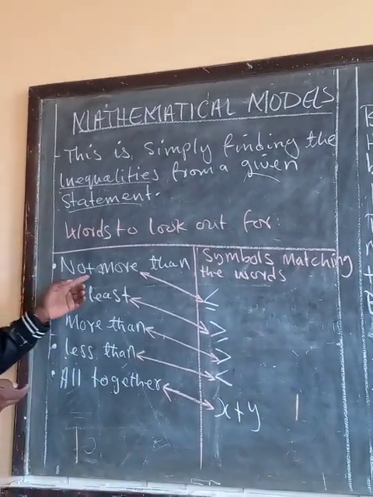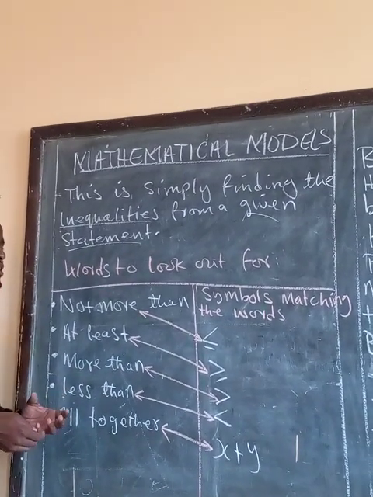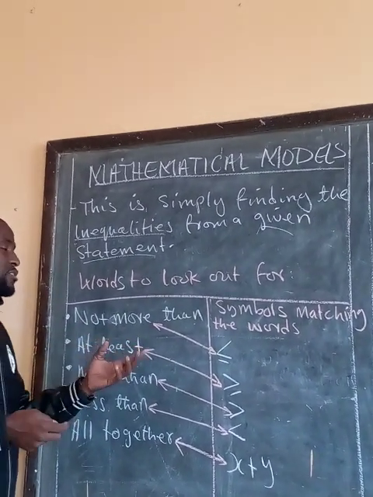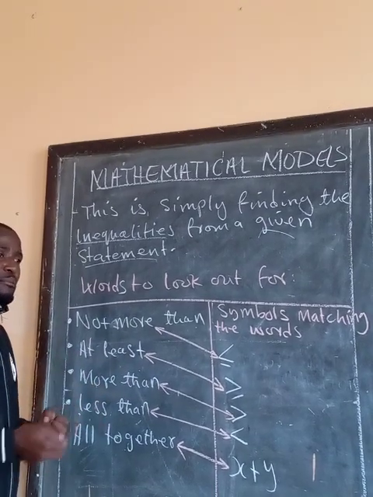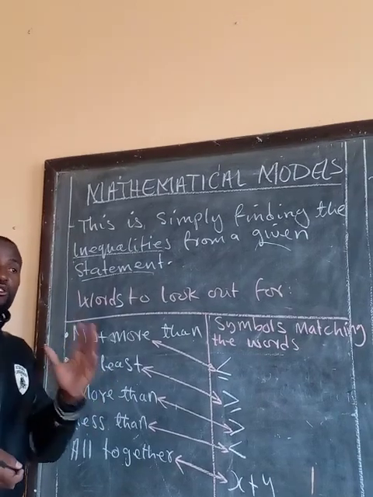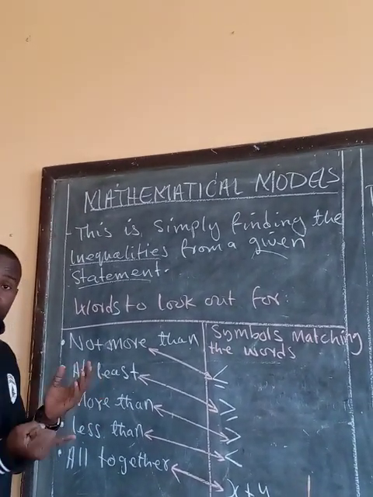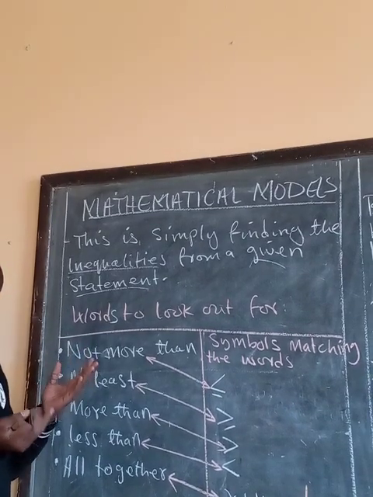Not more than simply means, for example, I say, here is 5 kwacha, go buy not more than 5 sweets. How many sweets are you going to buy? Are you going to buy 6 sweets, or 7, or 8?